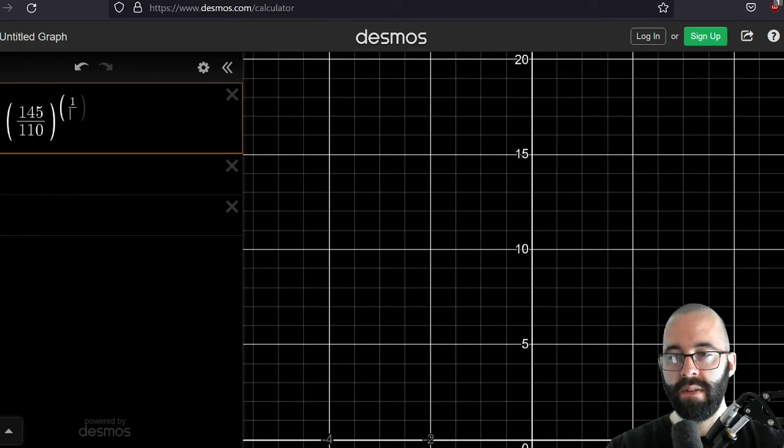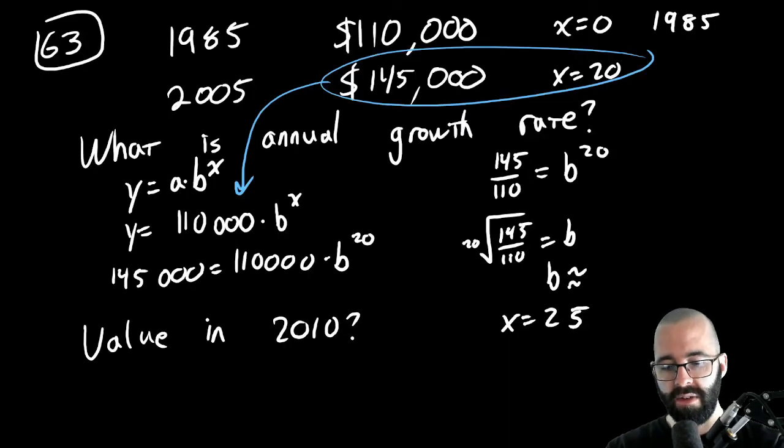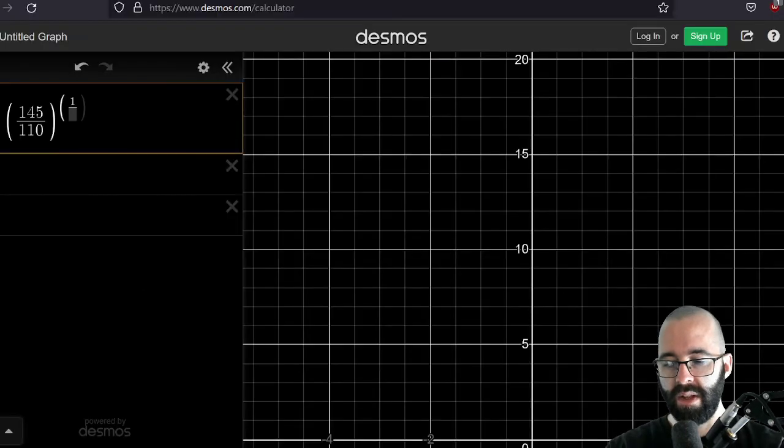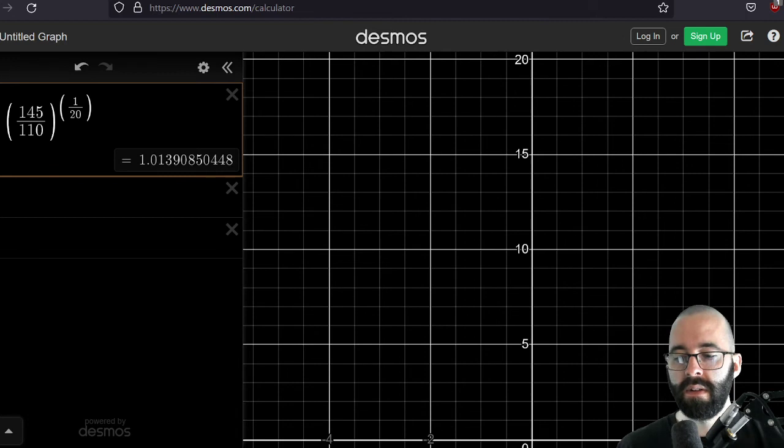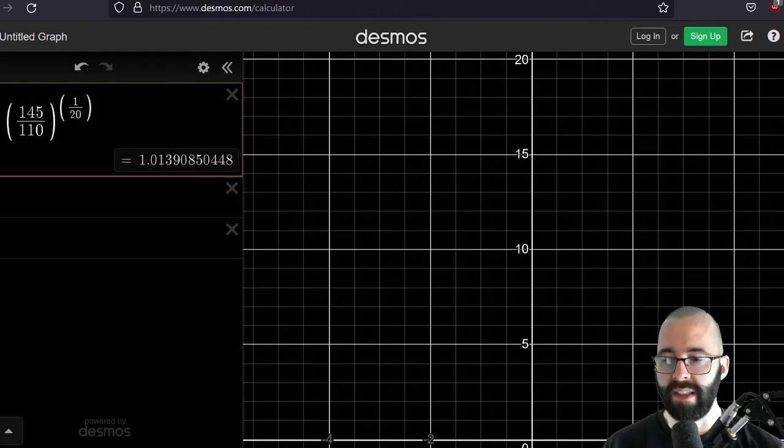And remember, to do radicals, you can also do rational exponents. 20th root. Like so. And again, make sure you have at least 4 significant figures.